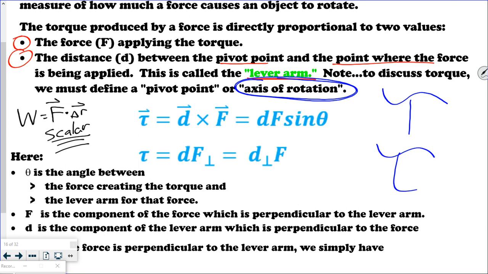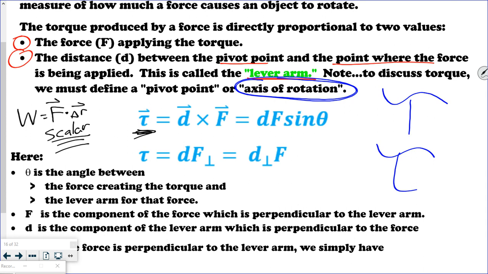Conversely, when you calculate torque, you use what's called a cross product. It's a different mathematical way of multiplying two vectors. And the result of a cross product is actually another vector. And so you'll notice torque is a vector, okay? Much like angular velocity and whatnot, we will measure that direction as being either clockwise or counterclockwise.